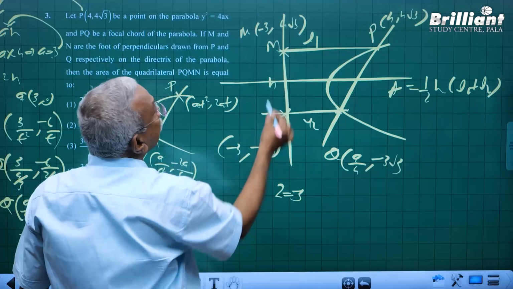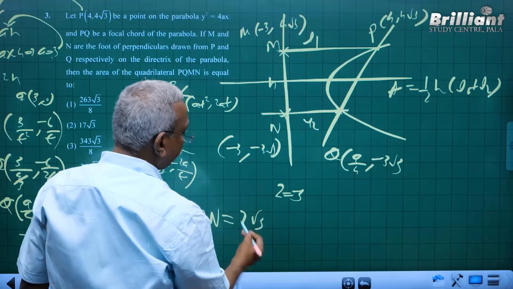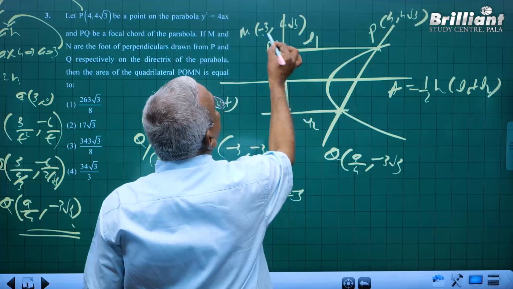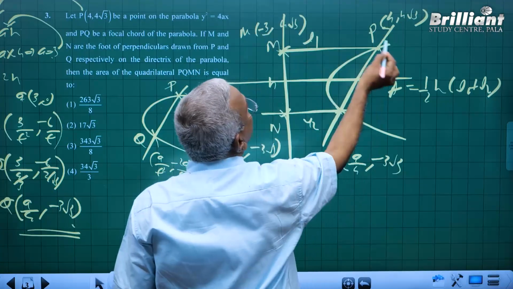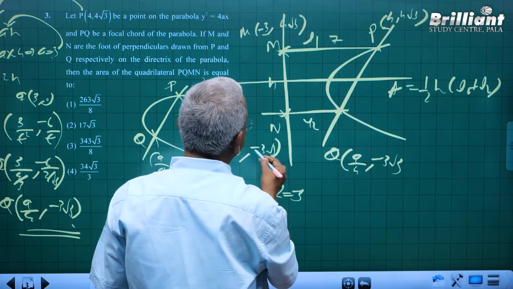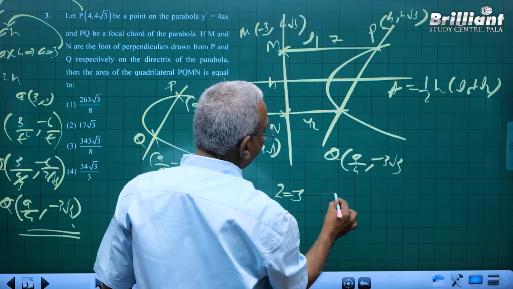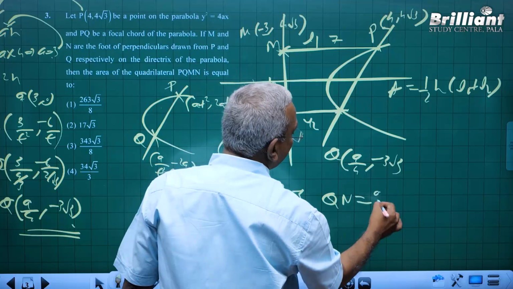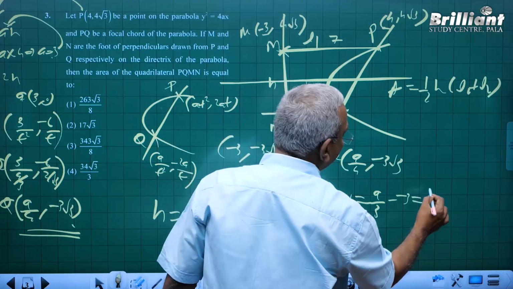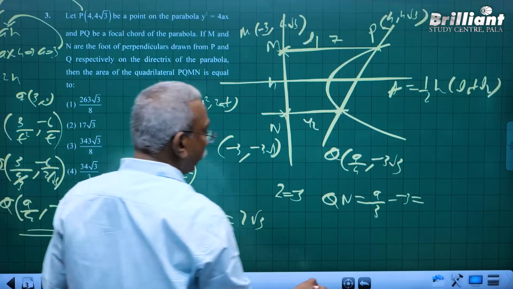You know, these two x-coordinates are the same, so the difference is 7 root 3. What is PM? Difference of those 2 points, minus 3 and 4, that should be 7. And QN is actually 9 by 4 minus this one. So we can see QN is equal to 9 by 4 minus minus 3. That is equal to 21 by 4. It's not 9 by 3, it's 9 by 4.